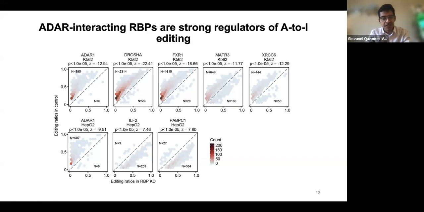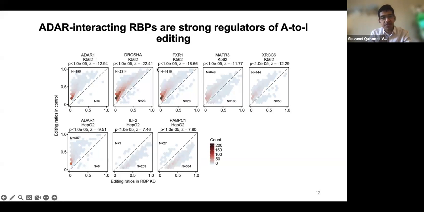So this is a similar plot as before, where we see the bias in the editing ratio in control versus knockdown. And here we have ADAR1 as a reference for the 2 cell lines. And these are all ADAR interacting RBPs.